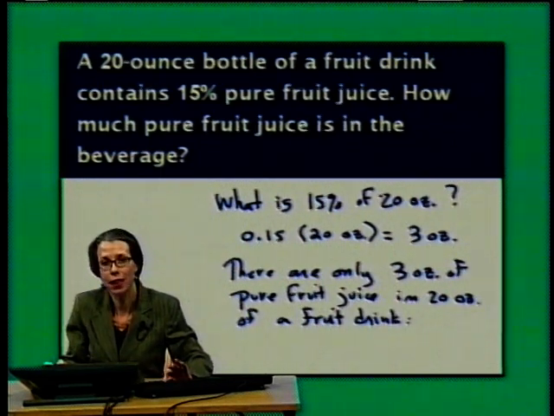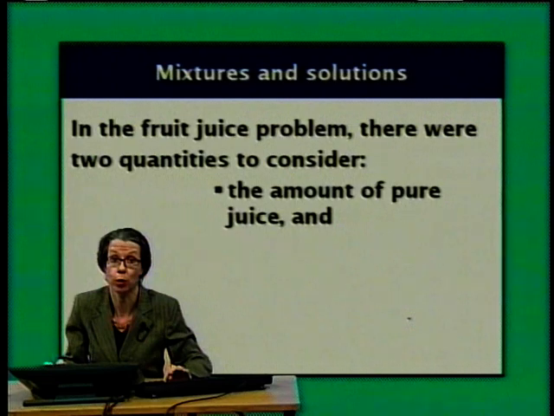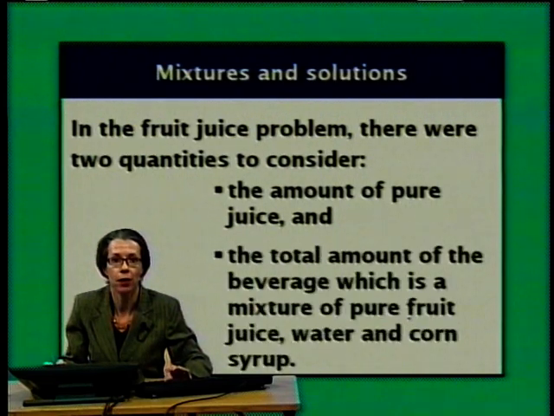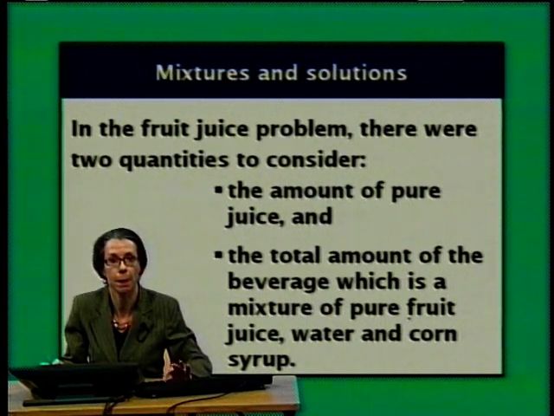So when we were thinking about this problem, there were two quantities to consider: the amount of pure juice and the total amount of the beverage, which in this case was a mixture of pure juice and water, maybe some corn syrup, maybe some other stuff. What we did know for sure is that it was 15% pure juice.